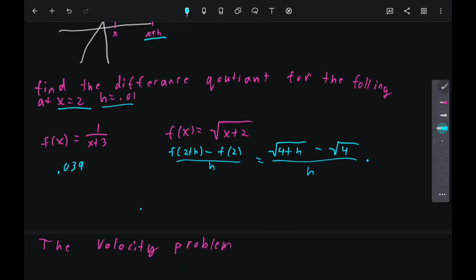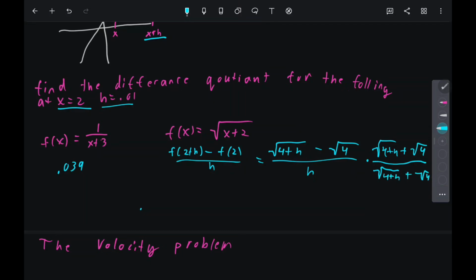What can we do with this? Well, let's multiply by the conjugate. That way we can maybe get rid of these radicals. So the conjugate is just the opposite sign, so it's going to be plus instead of minus the square root of 4. And we have to keep the equation constant, so we also divide by the conjugate, plus square root of 4.